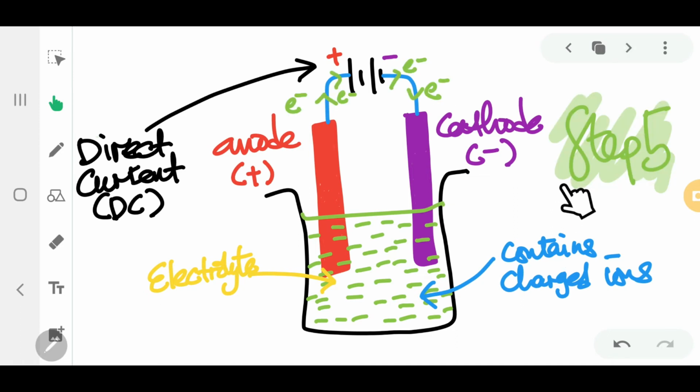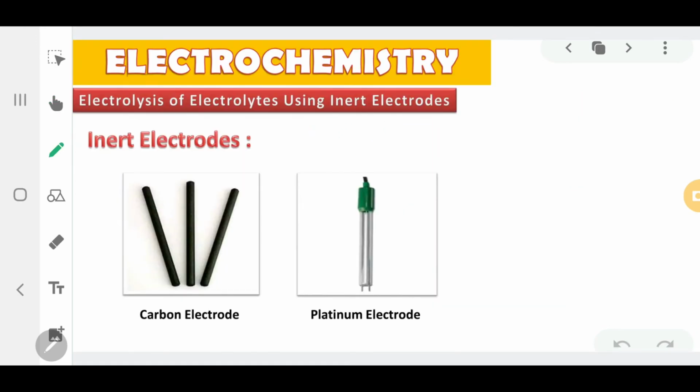And then in step 5, you have the flow of electrons, from anode to cathode. This is still the same as in the galvanic cell. The reaction goes from oxidation to reduction, from anode to cathode, and the electrons flow that way.